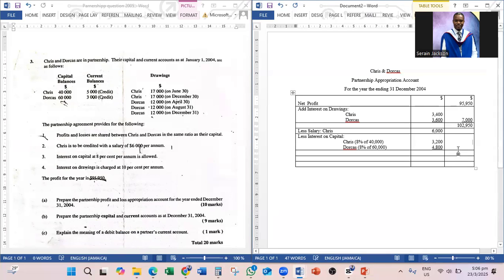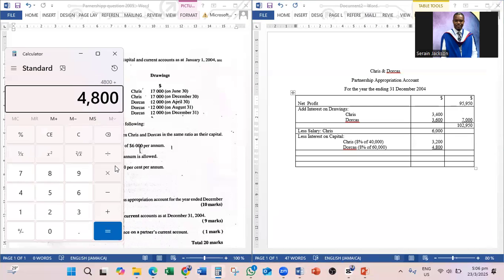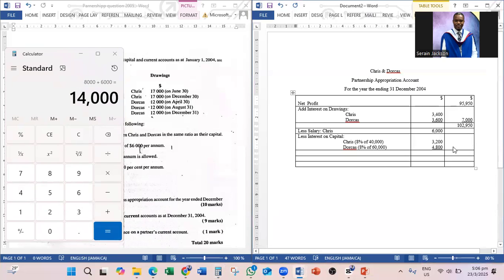So we are now going to sum all of these items that need to be subtracted, right? So the 4,800 plus the 3,200 plus the $6,000, and that would give us $14,000.